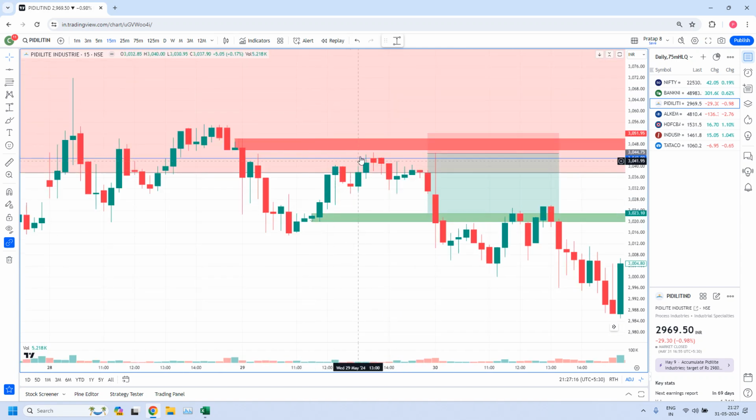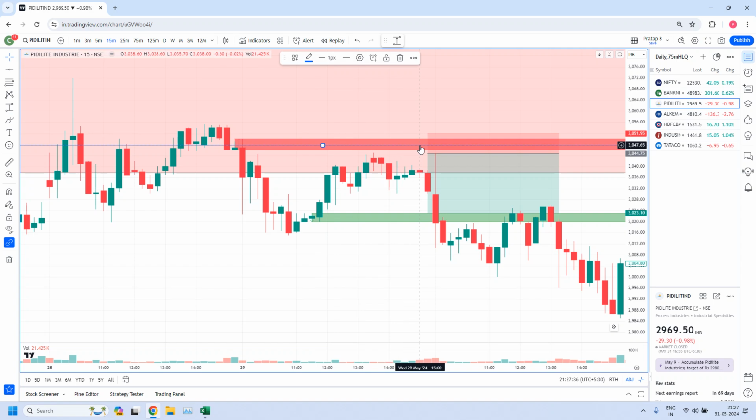Sometimes we adjust our entry inside the zone itself, because we want to take the trade only inside whatever fine-tuned area is there. Let me draw my blue color line. Let us assume my blue color line is the entry. Sometimes if I place my blue color line here, then only I get 1:3 RR.